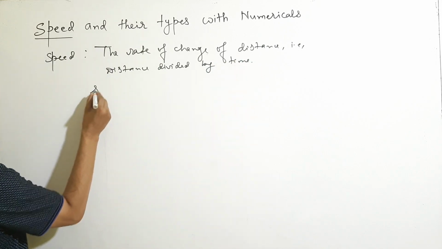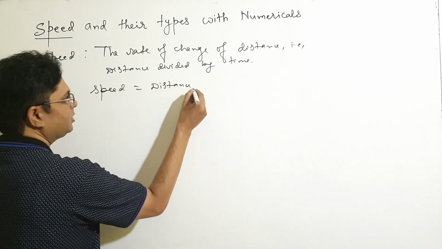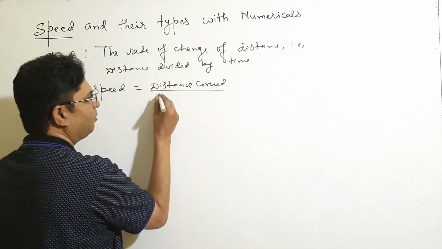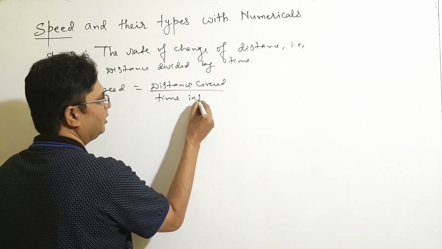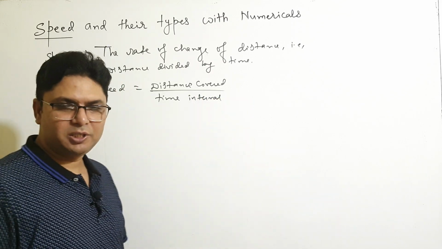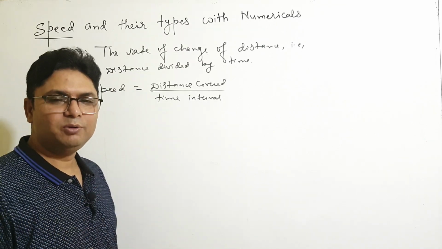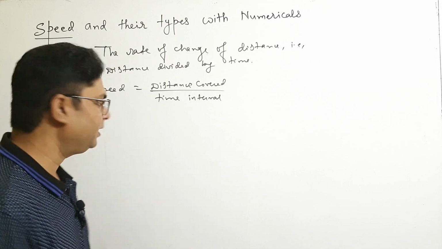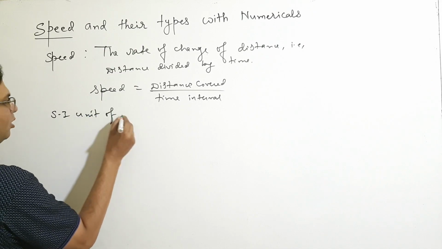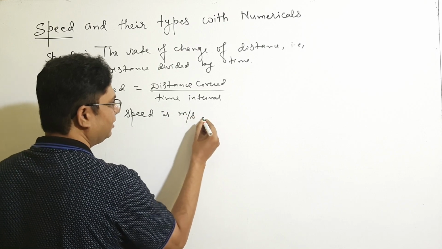So you can write speed is equal to distance covered by time interval. Distance covered is in meter and time interval is in second. So the SI unit of speed is meter per second. SI unit of speed is meter per second.